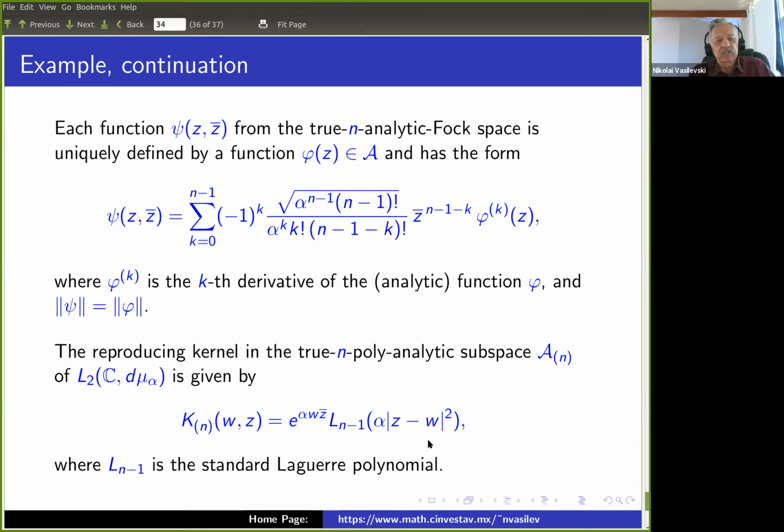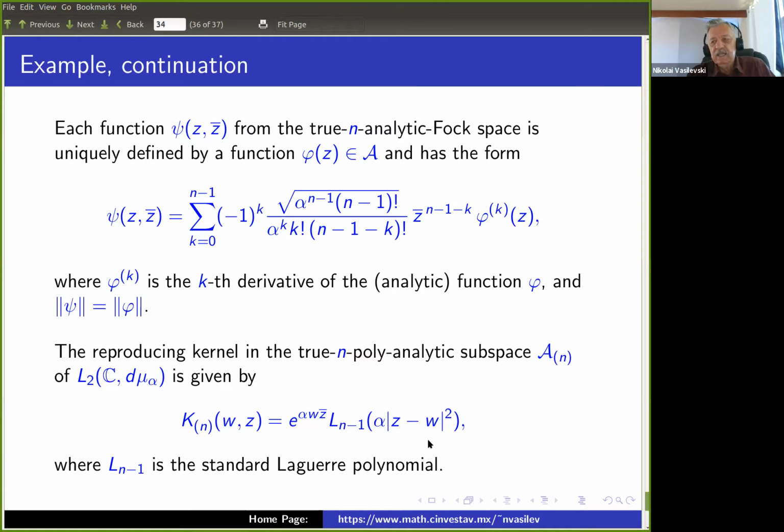We did something in this direction with Turbiner in a recent paper for multidimensional Fock space. The nice property of multidimensional Fock space is that it is a tensor product of one-dimensional Fock spaces. And then we define polyfock spaces and true polyfock spaces, again as representation spaces for the action of certain Lie algebras.